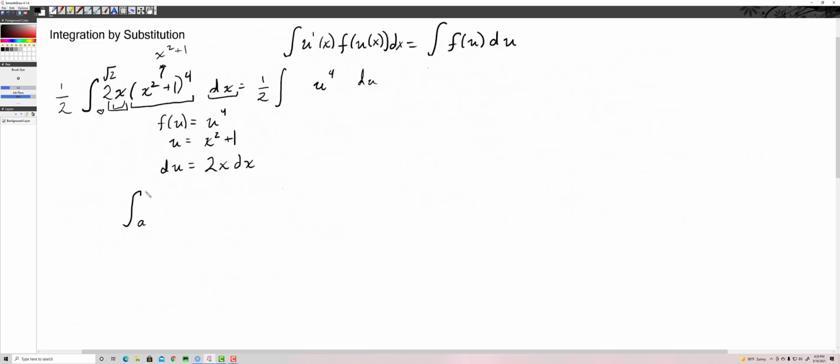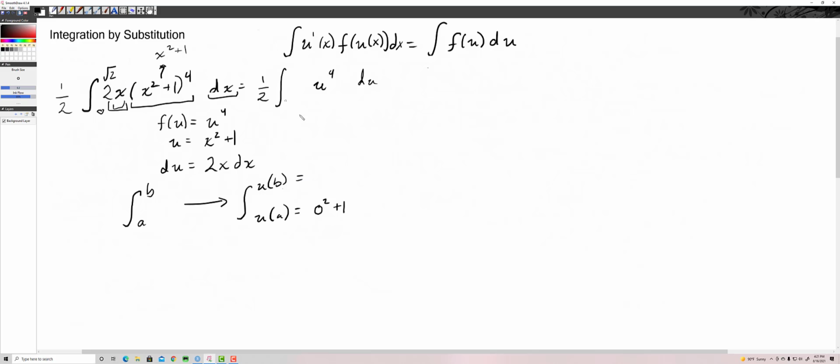Quickly stating this, if we had a and b, this is going to go to u of b and u of a. So what is u of a? Well, that's going to be 0 squared plus 1.